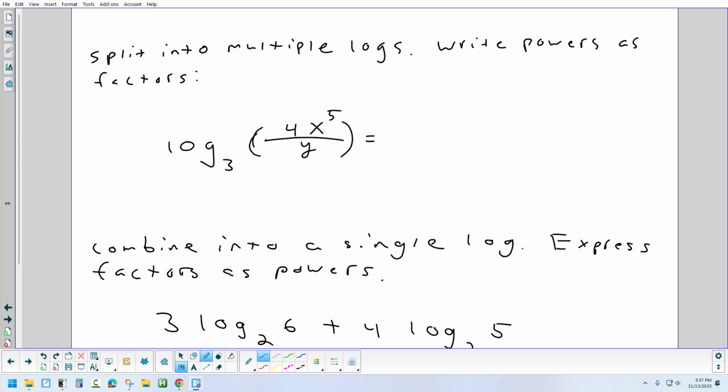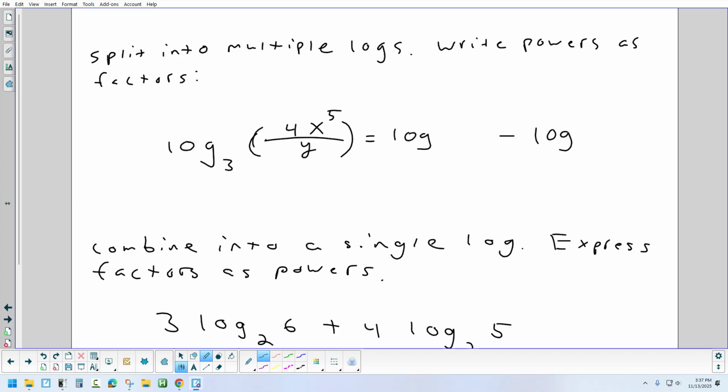Well, we can start with 2, but it's going to turn into more than 2. When you're splitting it, if you have a fraction, let's deal with the fraction first. When you split a fraction, does that split as addition or subtraction? That's subtraction. So we're going to have 2 logs being subtracted.